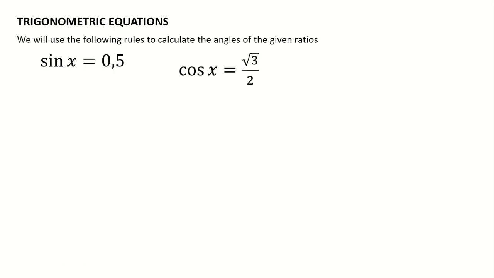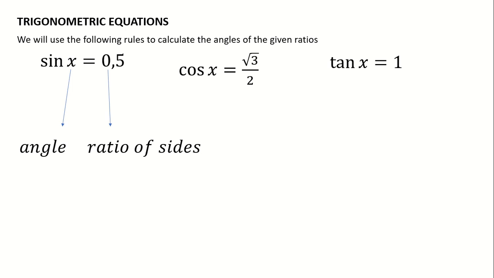Now let's quickly do examples. Let's say I gave you these three, where you need to find the value of x. Remember, I said x is an angle, and whatever you have on the right hand side will be the ratio of sides. Please note that at times you will not be given 0,5. You will need to make sure that your ratio, which is sine, cos, or tan, becomes the subject of the formula.